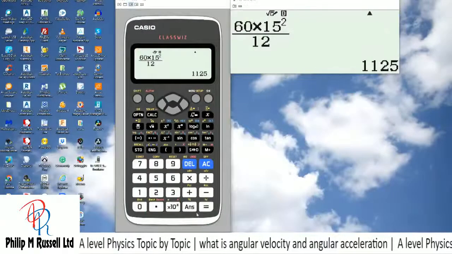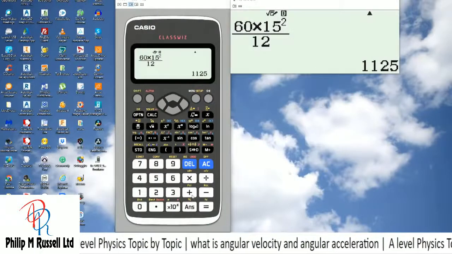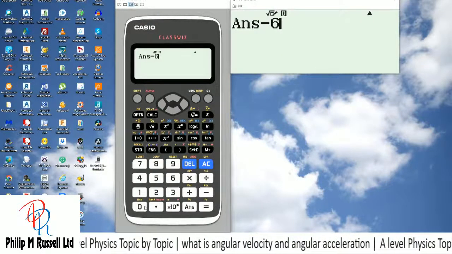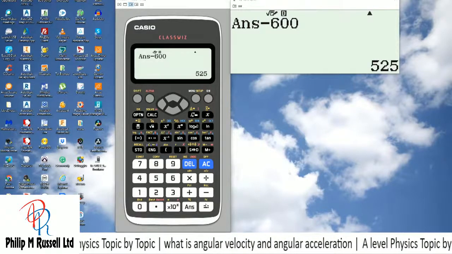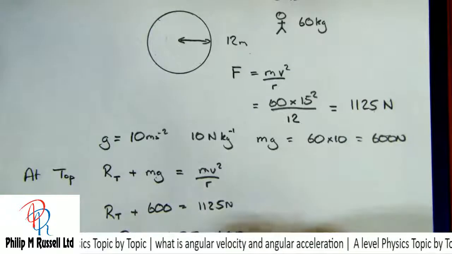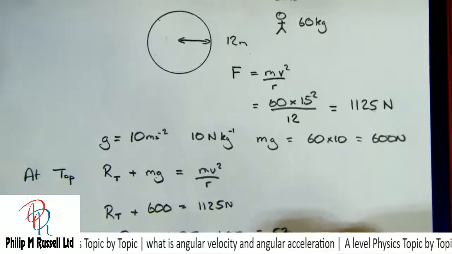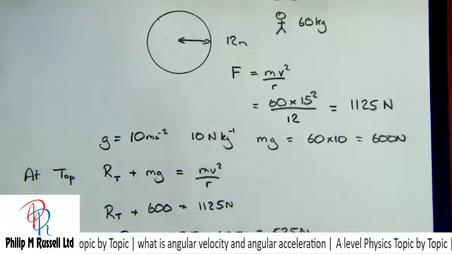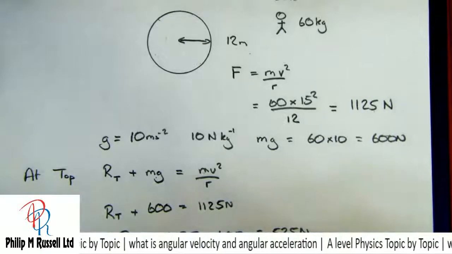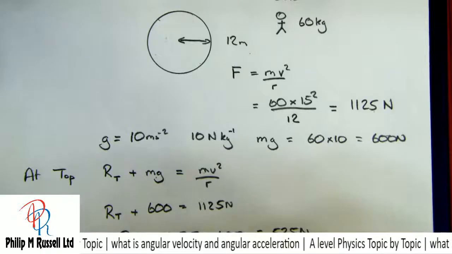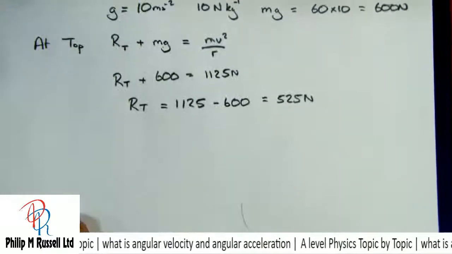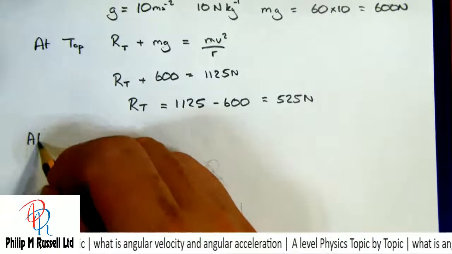And since I've got that on the calculator, there is our 525. So that looks okay. Let's see what's going to happen at the bottom.